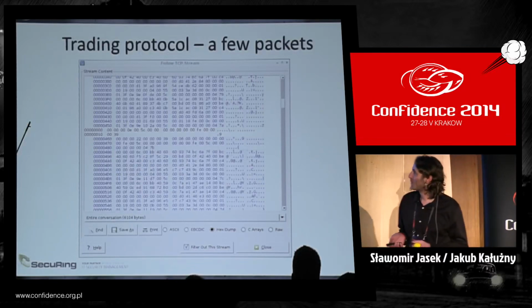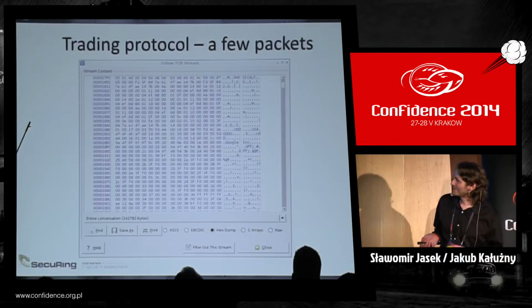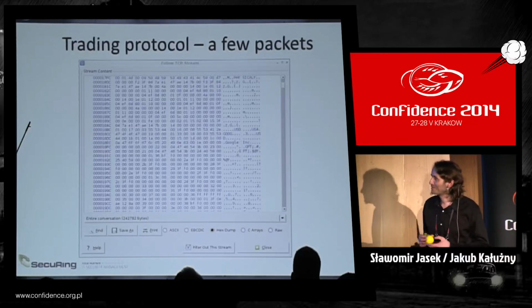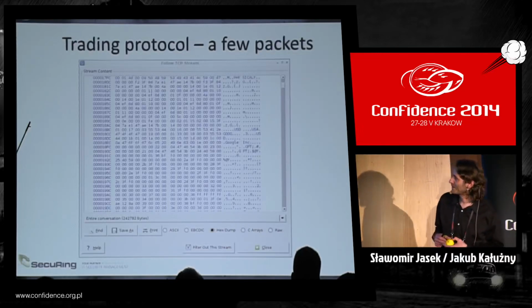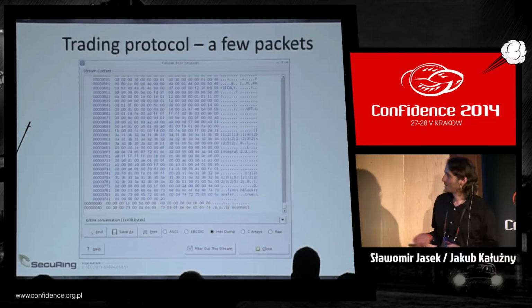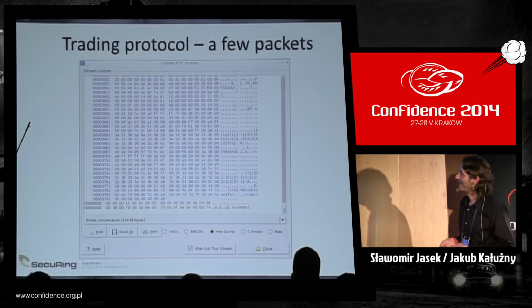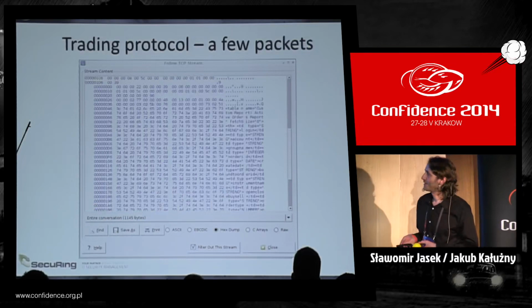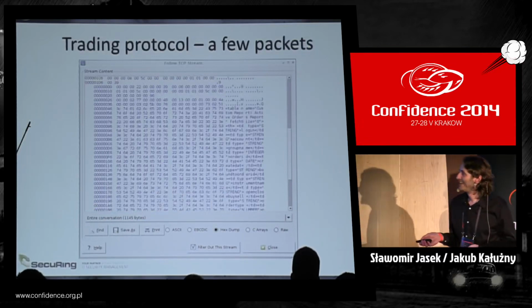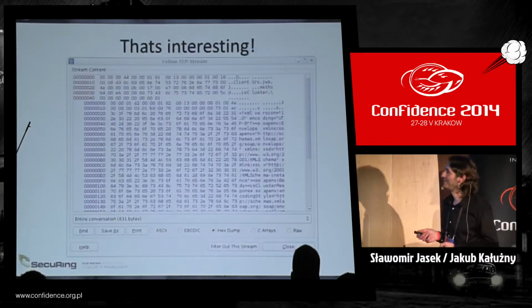Well, we watched, and we watched. Here there seem to be some numbers or some letters, at least. It looks like some kind of stock quotation. Here we have a little bit more of the text. And here it actually started to be interesting.